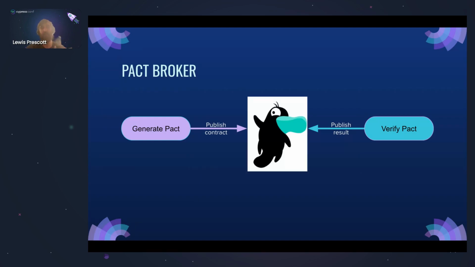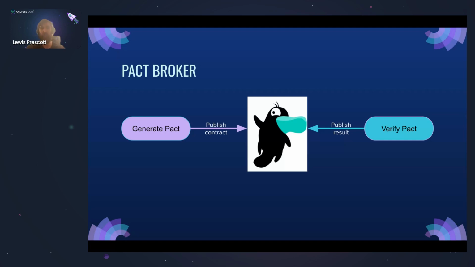So where do these contracts, these mocks, get stored? So they get stored in something using the Pact framework. So Pact is an open source tool which implements contract testing and provides you with those helpers and that framework to be able to deliver it. So we have the Pact broker, which stores all those contracts.